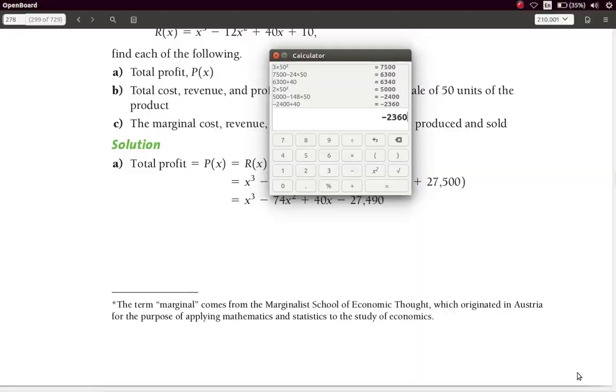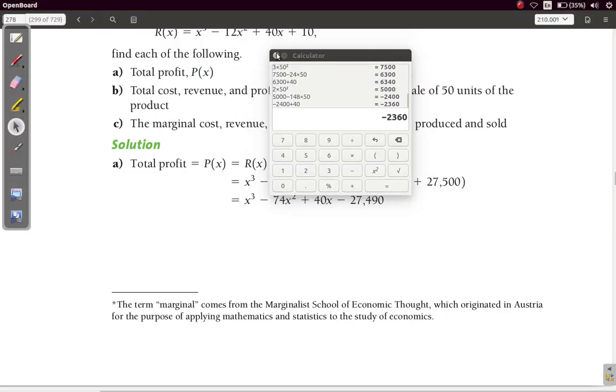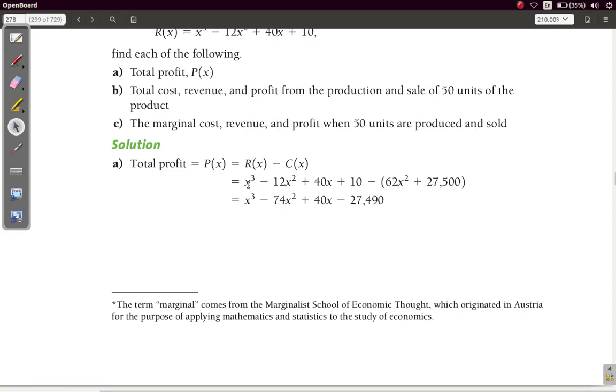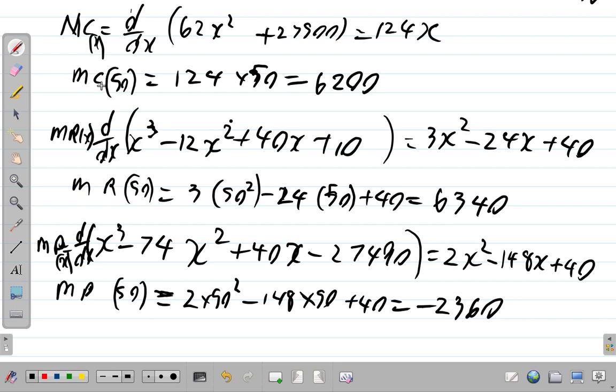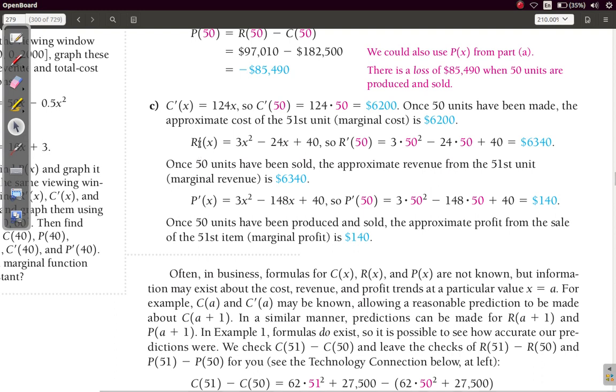Let's look at the workings in the book, see if they agree. They write the marginal cost at 50 as C prime of x. So what I wrote was marginal cost at 50, but the way it is written here shows that you must derive the total function.